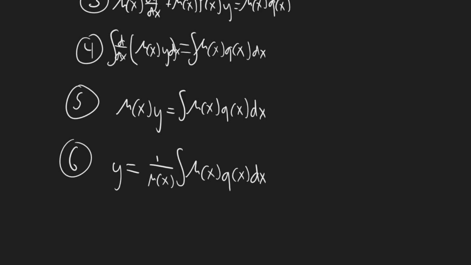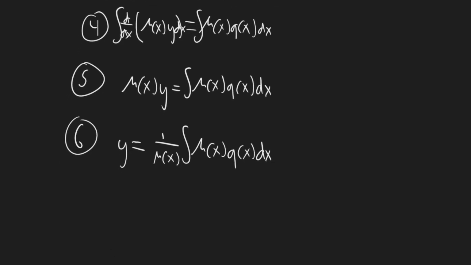As you can see, the final answer does involve an integral. That's again why I mentioned that we need some integration experience before moving into this class. But this is the actual method. This is what you'll do every time for this kind of ODE.